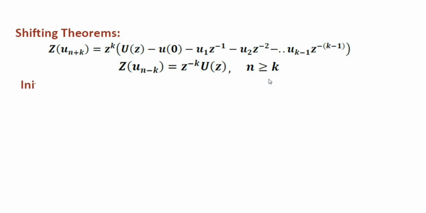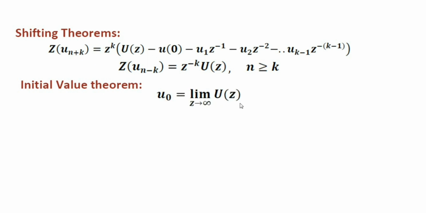Initial value theorem. If Z{u_n} = U(z), then u_0 = limit as z tends to infinity of U(z), the initial point which is obtained when z approaches infinity.